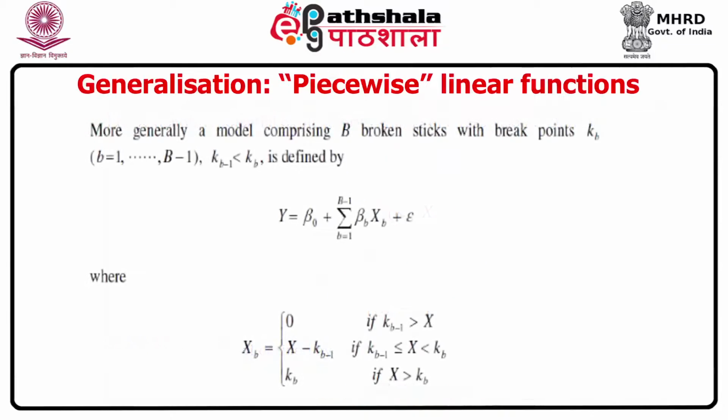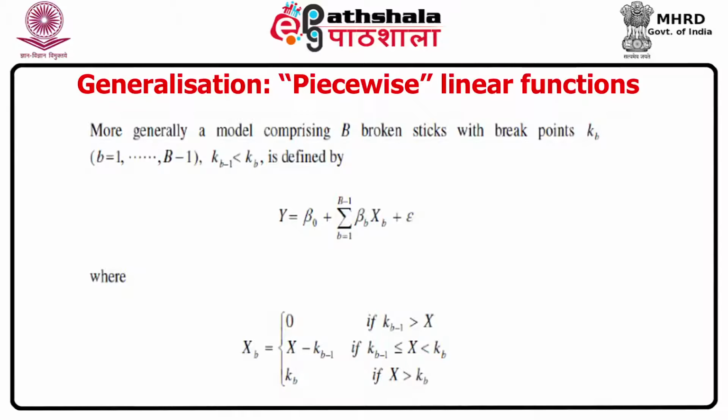Now in the broken stick regression, we have assumed that there are two components to the slope. More generally, the slope may vary much more across the range of the data, in the sense that we might be able to break up the data into B subsets where the slope is constant within each subset but different across subsets.